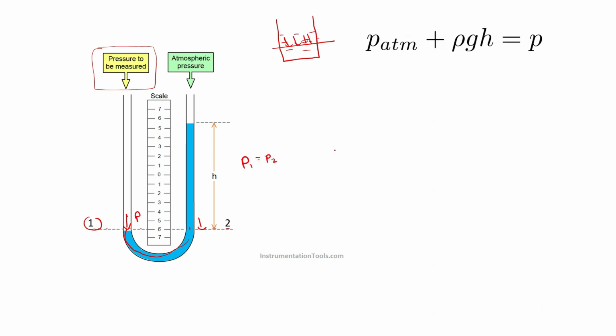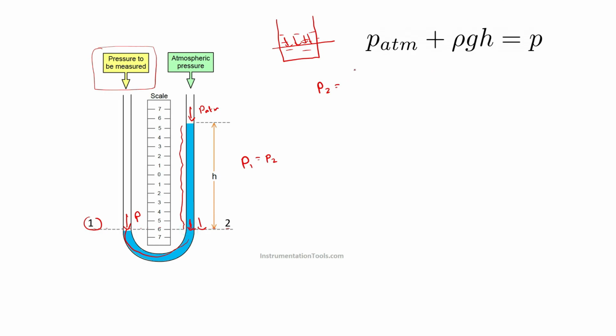On the right side, P2 will be equal to, on the top you have atmospheric pressure acting, and there is also a pressure due to hydrostatic pressure of this liquid column acting at this point.